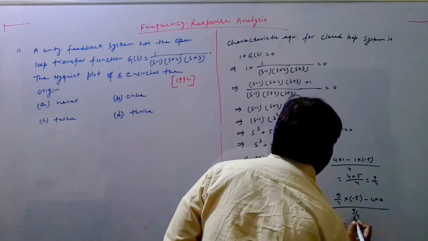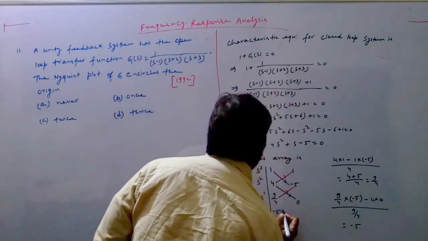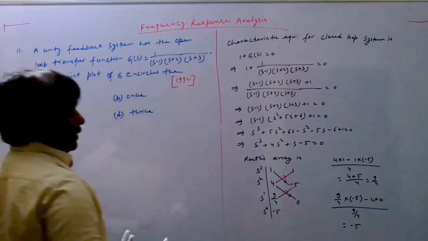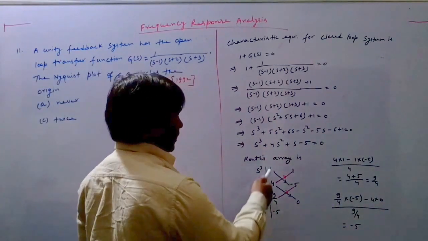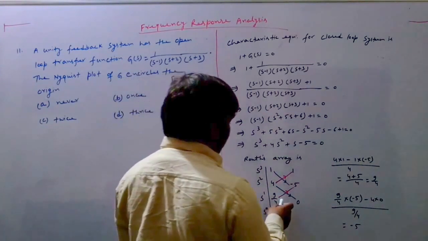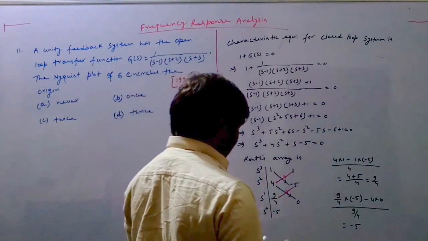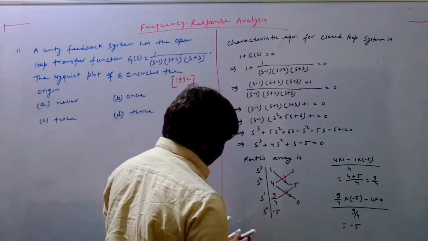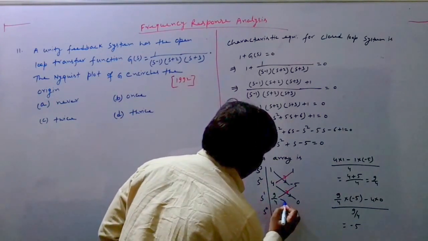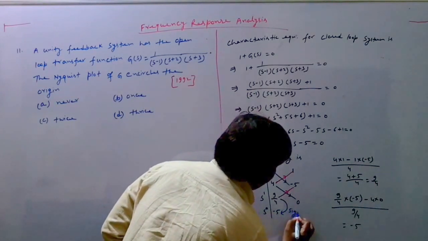So it will be minus 5. So from here we can see that the closed loop system is unstable, because one sign change takes place in the first column.